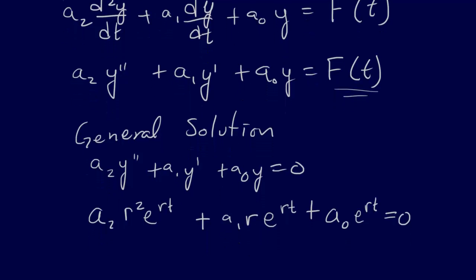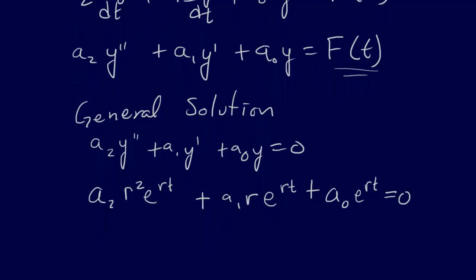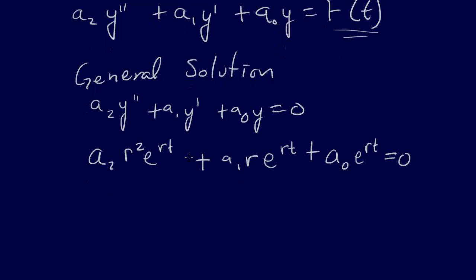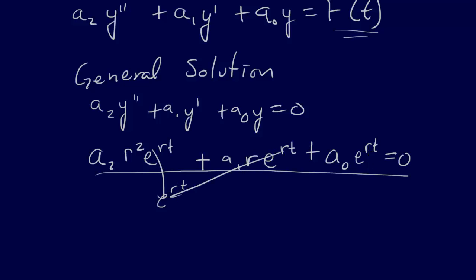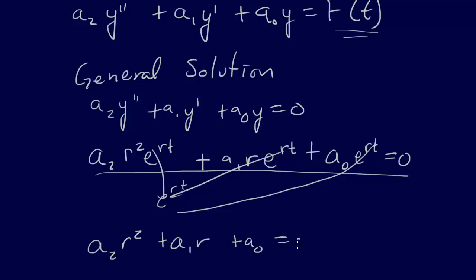So we can divide all of this by e to the rt, and we get to cancel all these out. That means a2 r squared plus a1 r plus a naught equals 0.